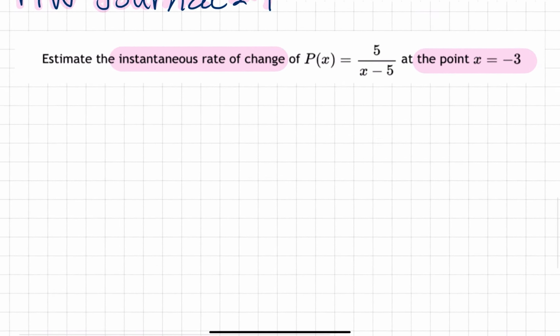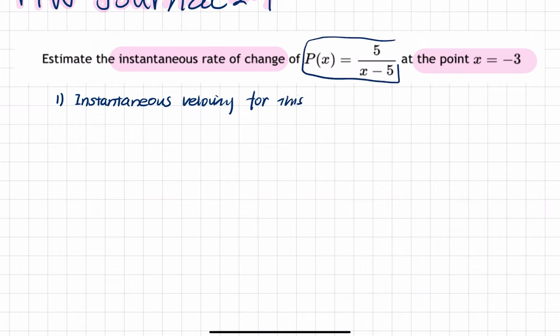So for the statement, we knew that we're going to be mainly looking at the instantaneous velocity for this function at the particular moment where x equals negative 3.